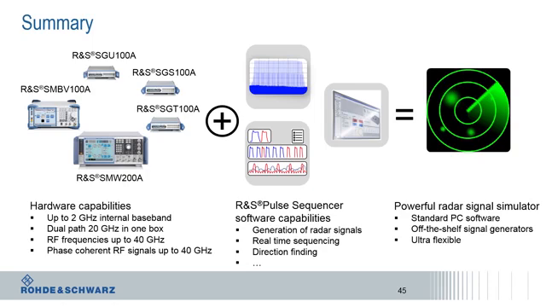The hardware capabilities of the Rohde & Schwarz vector signal generators, together with the Rohde & Schwarz Pulse Sequencer software, give you a powerful tool to generate radar signals. So, you get a powerful radar signal simulator, which is made up of standard PC software and off-the-shelf signal generators, which are ultra-flexible because they can be expanded to multi-channel setups in case you have to test multi-channel receivers.